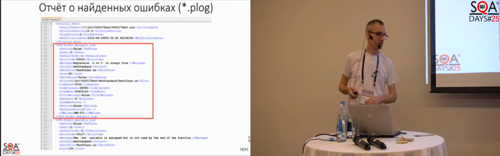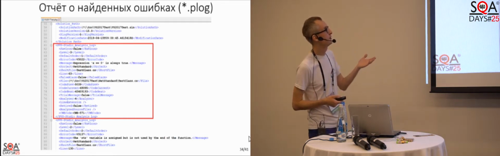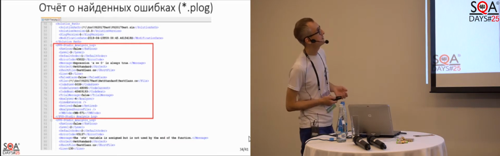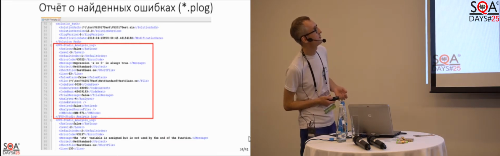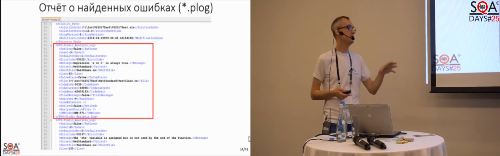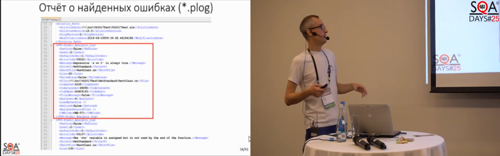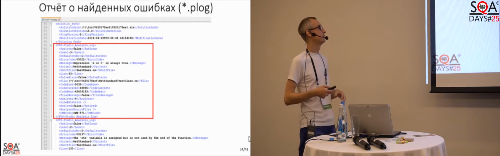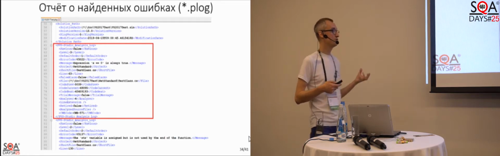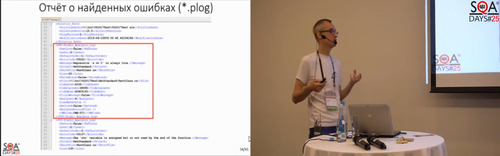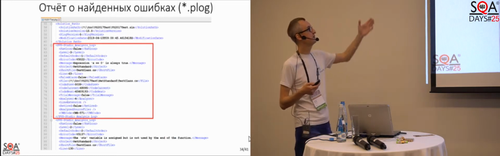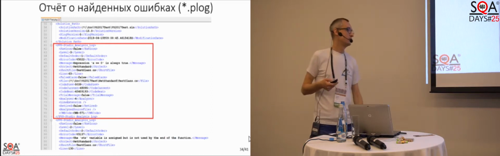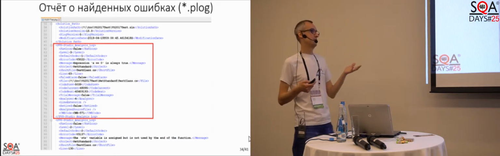It is an XML file where you have information about a mistake. Here I see the information about the mistake and additional data, so let us have a look at a mistake, the code of the mistake, where it was found, and other additional information. It's impossible to develop such a report manually because an analyzer's report consists of thousands of such fragments.